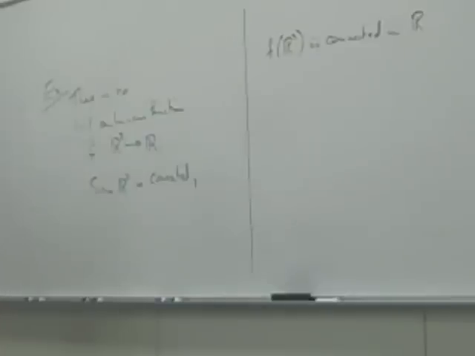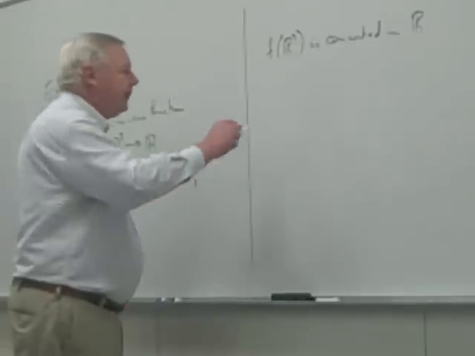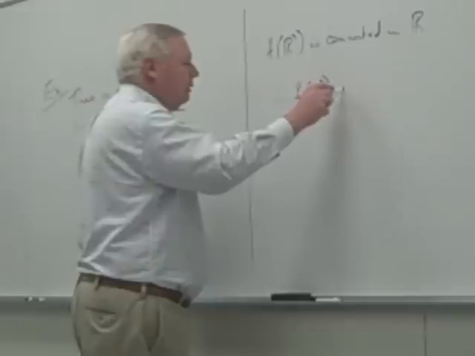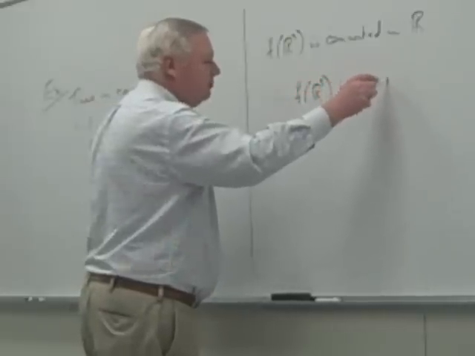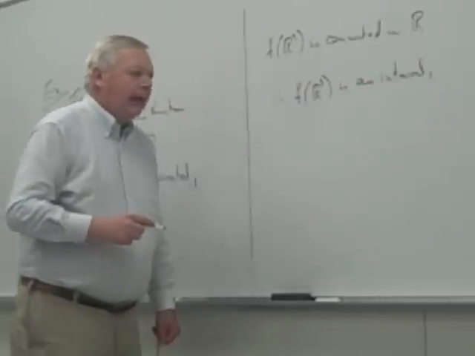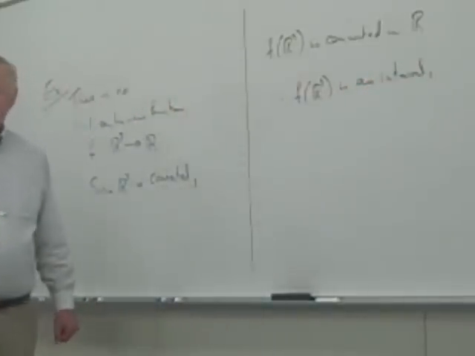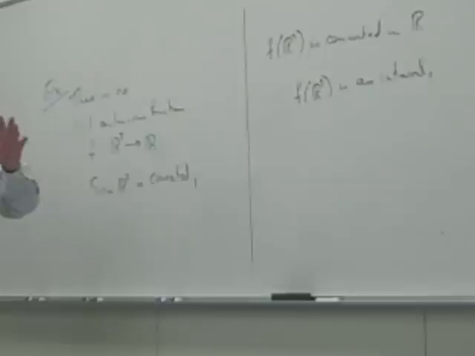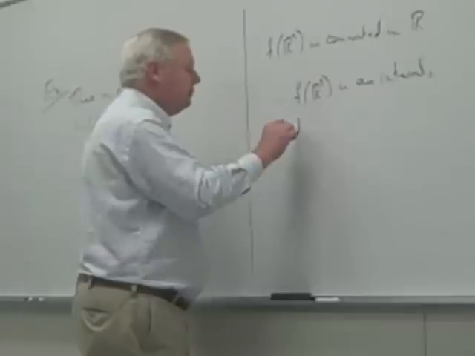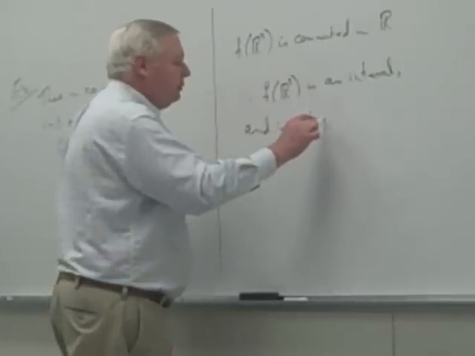They are the intervals of one kind or another. So therefore, f of R2 is an interval, and it cannot be just a point, because if it were, that would say f mapped all of R2 to a single point, and so it would not be one-to-one. So it's not a single point.